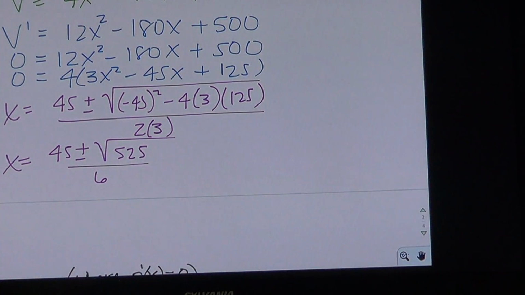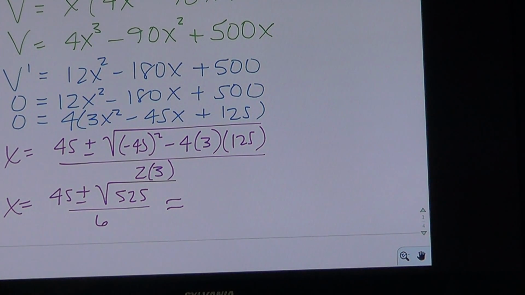I zoomed in. Okay, so what do you think about that?